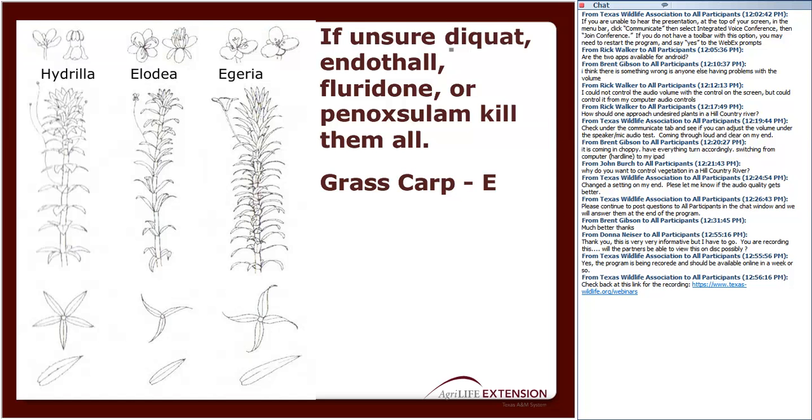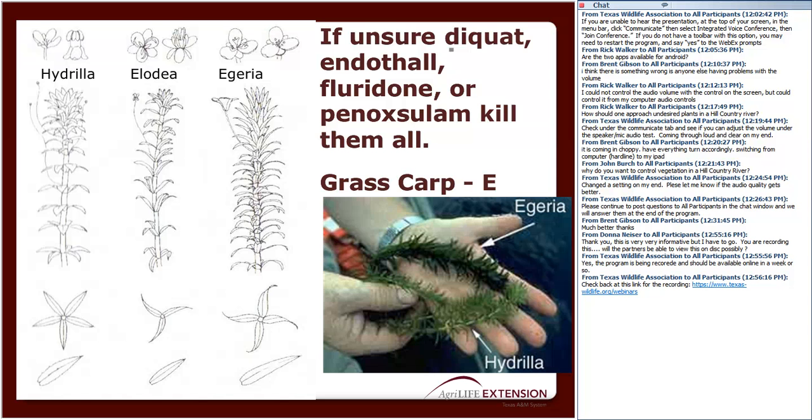Elodea, which is our native, is going to have 3 leaves per whorl on average, and they're going to be hooked. And then Agaria is going to have 4 leaflets on average, and they're going to be hooked. But like I said, if you're unsure, just use diquat, endothall, fluridone, penoxsulam, or grass carp. And as we'll see in this next photo, even in hand, they can be difficult to tell apart.